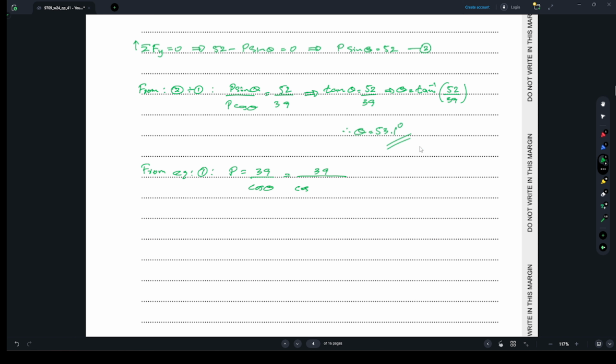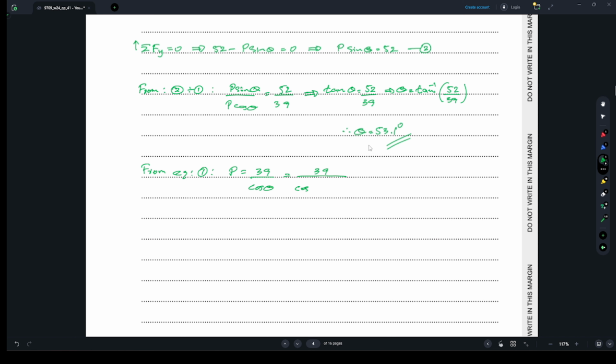But otherwise, don't use that value directly, because we round up the value. Here for theta, if you calculate it, you will receive 53.11301 and so on. So here we rounded up and kept 53.1. So don't use that one.